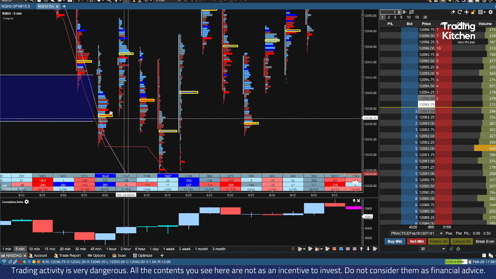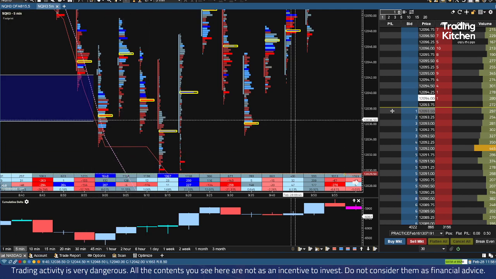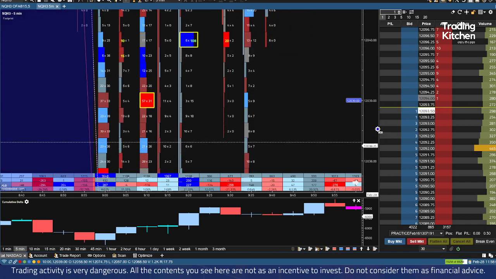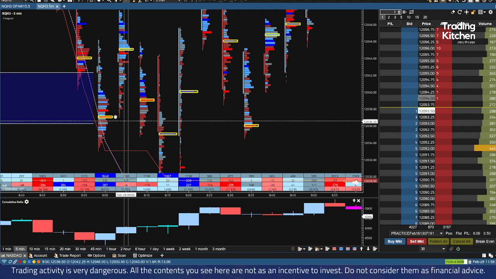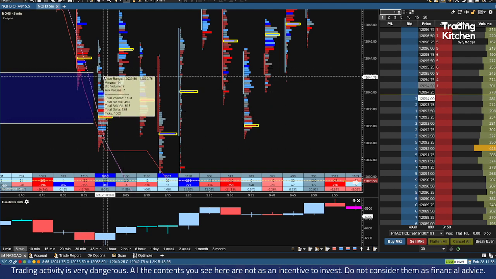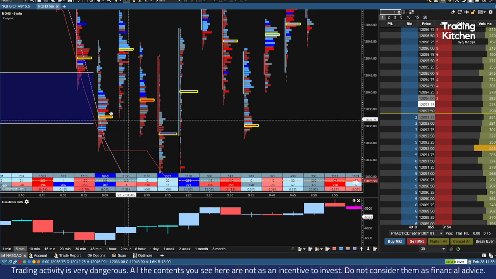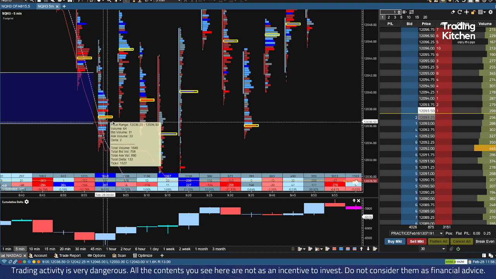Look at the POC. The POC is red, so the POC is bearish. But price made this huge reaction. What does it mean? This is what you have to wonder to yourself. Why do we have the POC red?